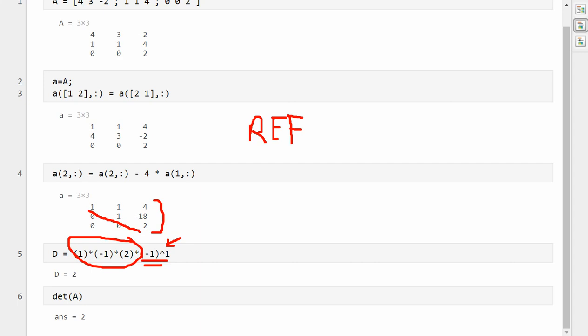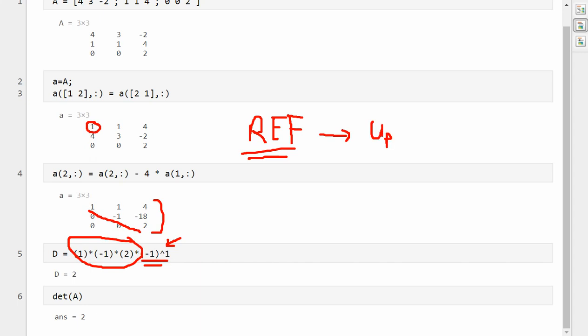The only thing that I'll have to do is sometimes a row swap because there's a 0 where I need to put a pivot. And sometimes row swaps are going to be my only option to convert to REF. However, other than row swaps and row replacements, I don't need that third row operation to get to REF. And once I'm in REF, I will have an upper triangular matrix, right?